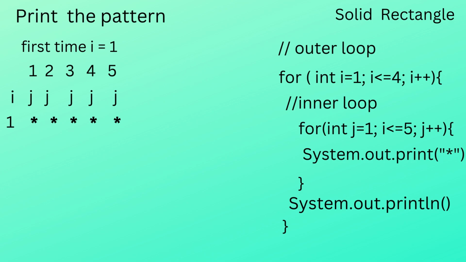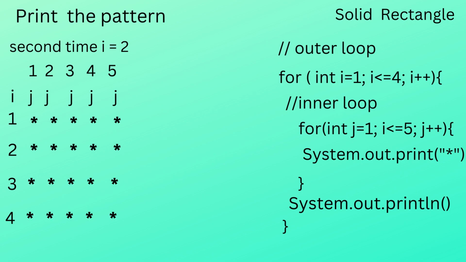After that, the second time we execute the loop, the value of i is equal to 2, then j will print again 5 times and so on. We will print our solid rectangle. I will explain you clearly by coding.